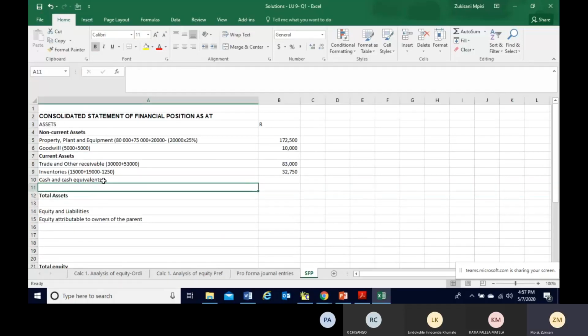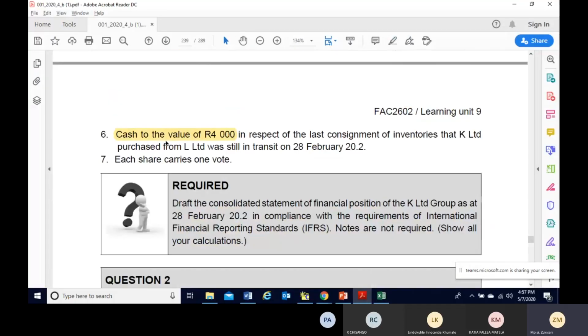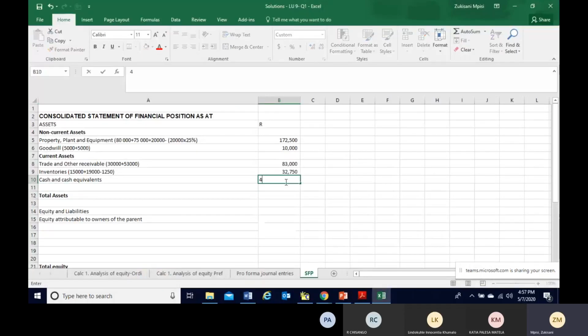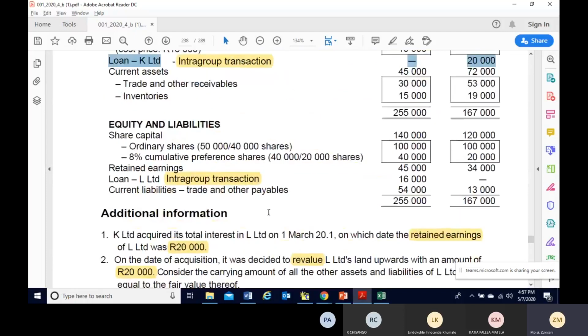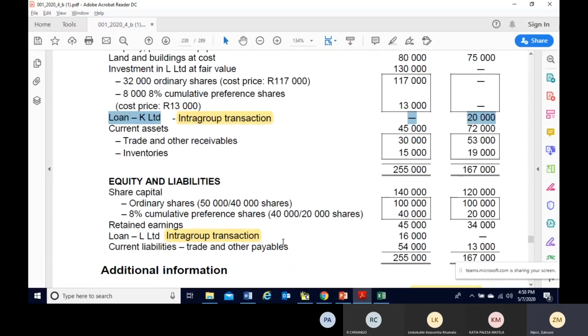Many people are asking, where did you take this one? Because it was not given on number 6. You are told that there is a cash to the value of 4,000 in respect of consignment, which is still in transit. Remember, here we're working with the accrual method, so the 4,000 we put it there, and the other leg of the 4,000 would definitely come here. In terms of the 16,000 of loan to LTD, it will become 16,000 plus 4,000, which gives 20,000.